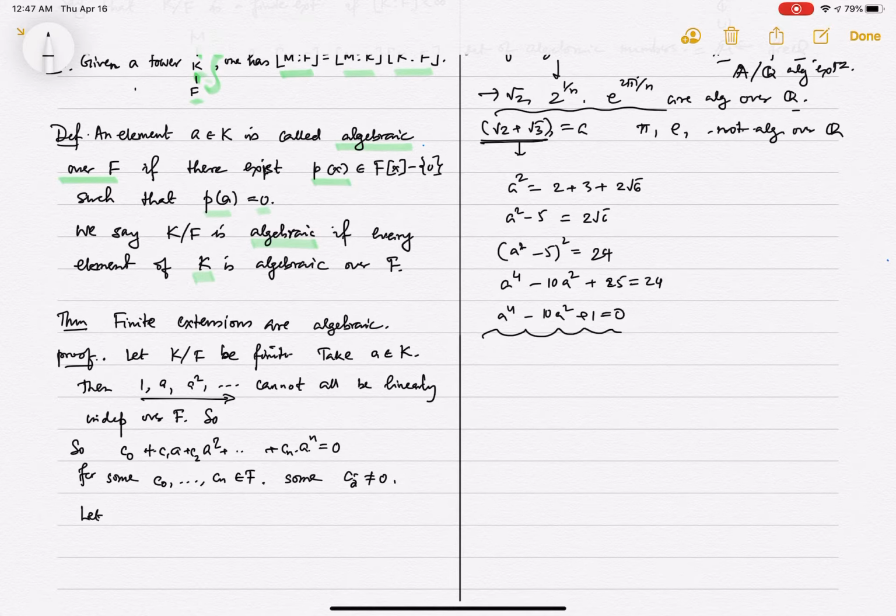So now let p(x) be the polynomial c0 plus c1 x plus ... plus cn x to the n. This is a non-zero polynomial because some cj is non-zero. And a satisfies it by our construction. So a is algebraic. So every element in K is algebraic.